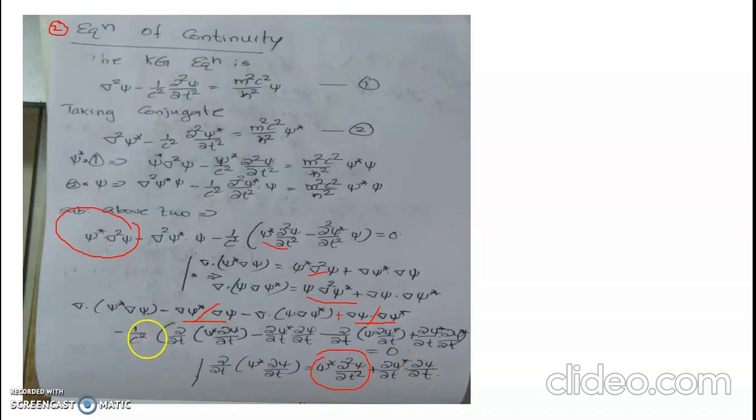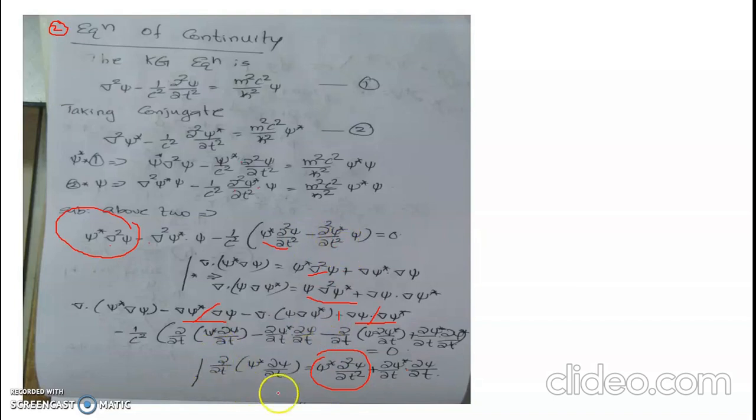Already we have minus 1 by c square out. We substitute for psi star dou square psi by dou t square, that is dou by dou t of psi star dou psi by dou t minus dou psi star by dou t into dou psi by dou t. There is a minus, we put it as minus. Now we have to substitute for dou square psi star by dou t square into psi.